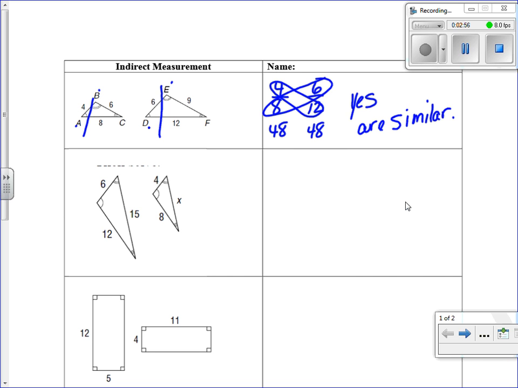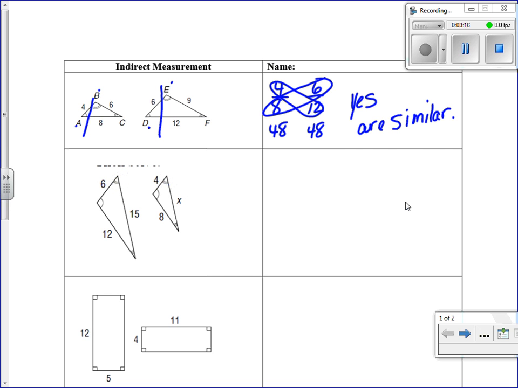Now, we have triangles in our second case here. They're pointing the exact same way, and we can tell because I have my angle with the two lines up here and my angle with the two lines up here, so you can see that they're pointing the same way.